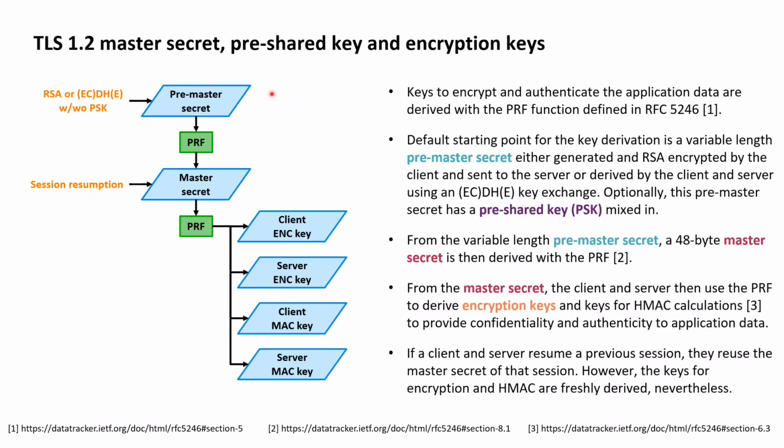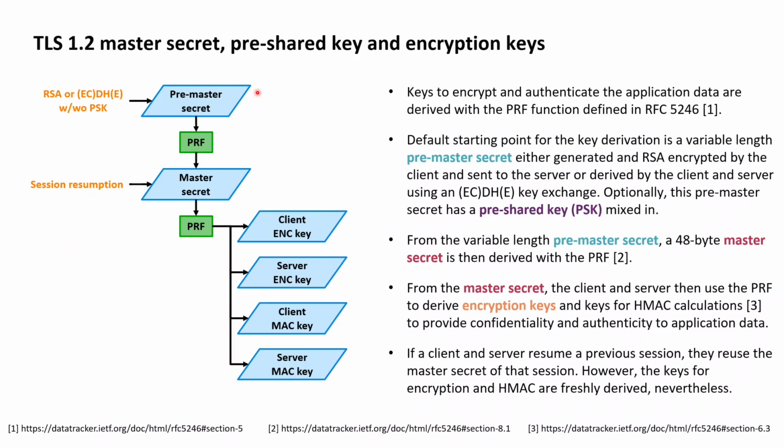The default starting point for the derivation of the encryption and authentication keys is the pre-master secret. The pre-master secret is a variable length bit string which is established by means depending on the key exchange specified by the cipher suite that was agreed to be used between the client and the server.